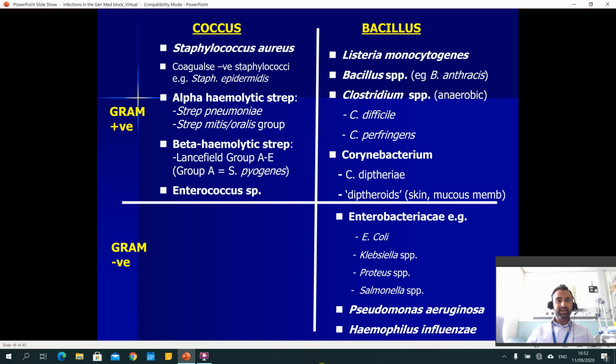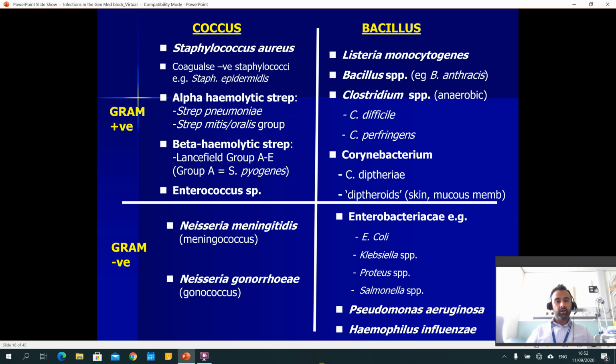And then finally, gram-negative cocci. Thankfully, there's not many of clinical significance. The two main groups are Neisseria meningitidis or Meningococcus, and the other is Neisseria gonorrhoeae, gonococcus. So hopefully you'll recognize Meningococcus as a fairly common cause of bacterial meningitis, probably one of the most dangerous causes of bacterial meningitis, can also cause sepsis or septicemia.